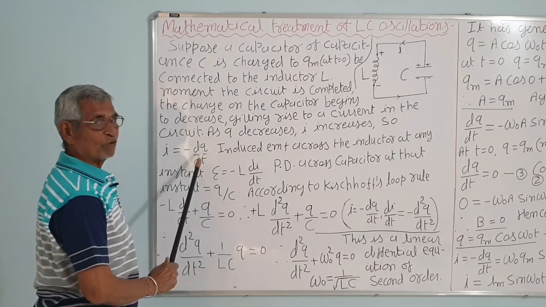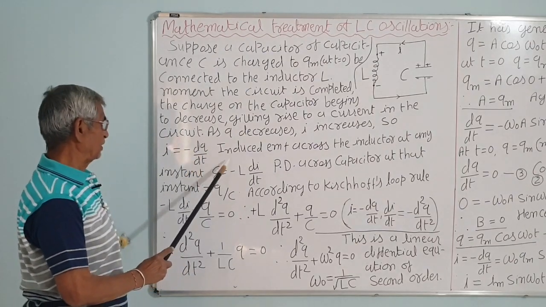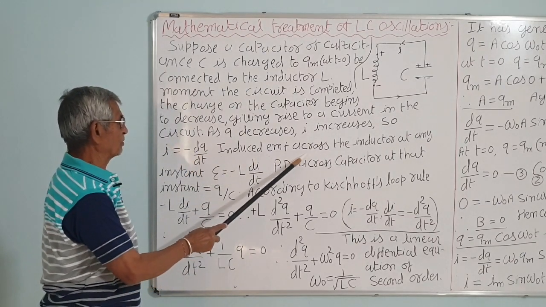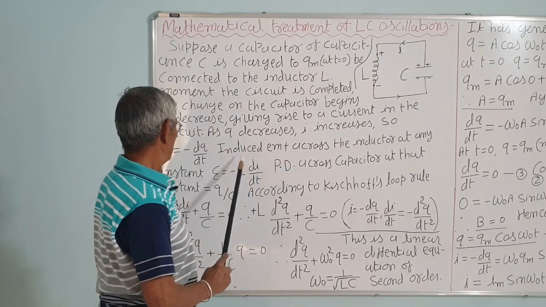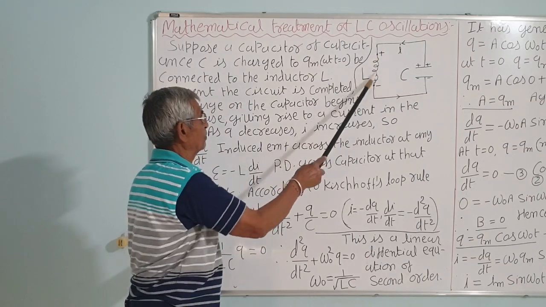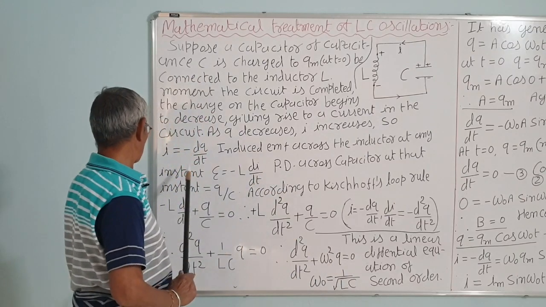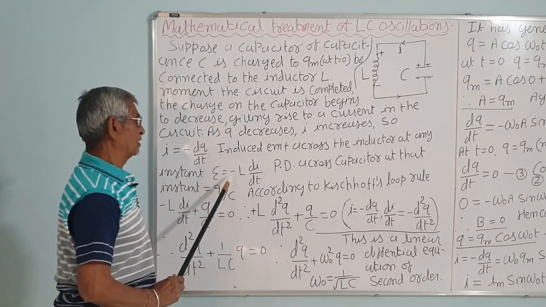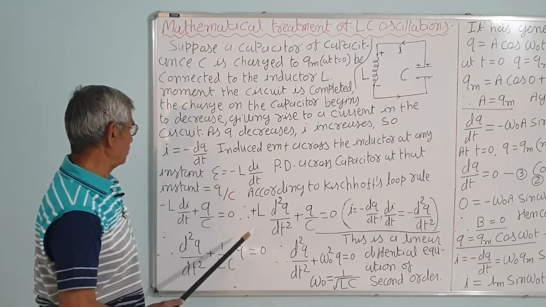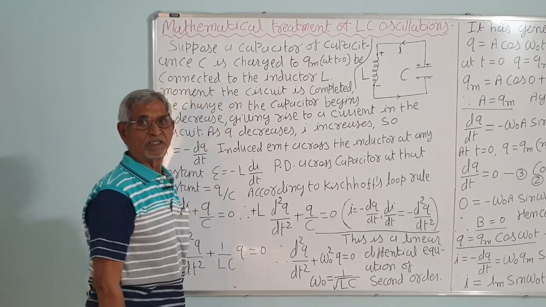So I is equal to minus dq by dt. This current flows through the inductor and induces an EMF. According to Lenz's law, at any instant, the EMF induced in the inductor is equal to minus L di by dt.